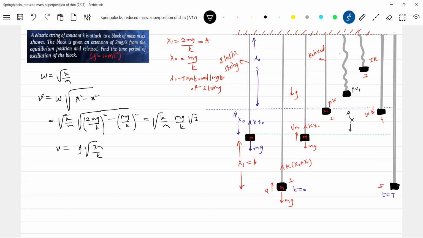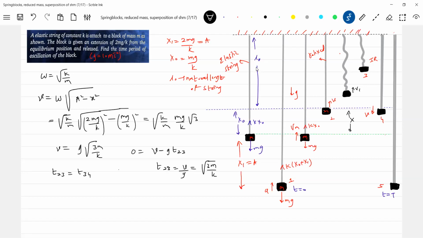After getting this speed, what I can find out is the time of ascent. The time taken to move from 2 to 3 is equal to the time taken to move from 3 to 4. How to calculate this time? 0 equals V minus g T23. So what is T23? V by g, which will become root of 3m by k.